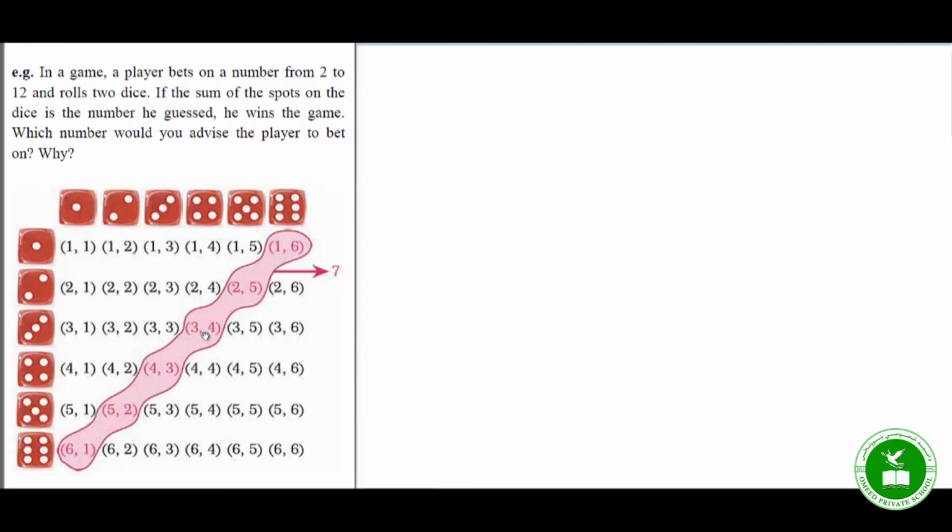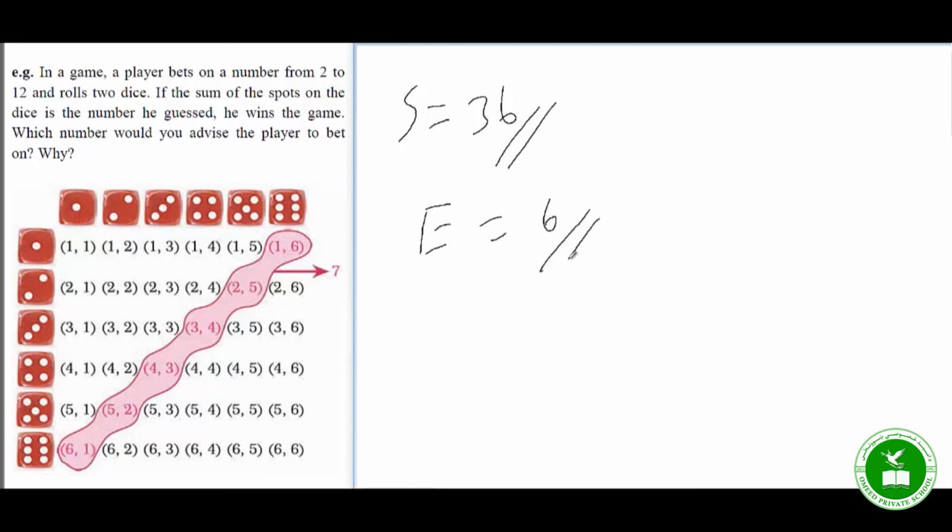What's the probability for 7? As you see, the total number of sample space is 36. From this figure, we have 36 different possibilities for this experiment. But for the number 7, we have 6 different outcomes. So what's the probability for the number 7?